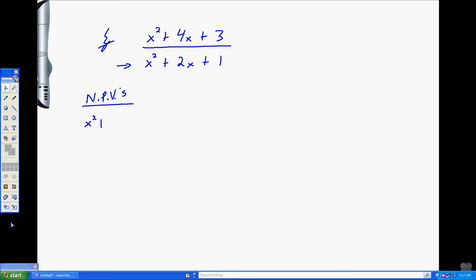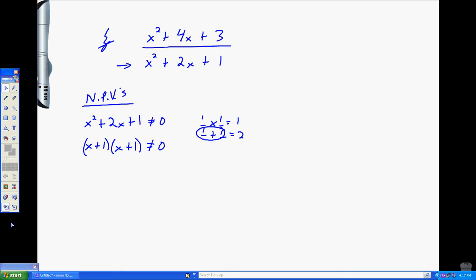So x squared plus 2x plus 1 cannot equal 0. So trinomial easy. I'll show you just so that there's no question where I got the numbers from. What multiplies to give you 1 that adds to give you 2? I hope that you come up with the numbers 1 and 1. So when I factor this, I get x plus 1 times x plus 1 cannot equal 0.